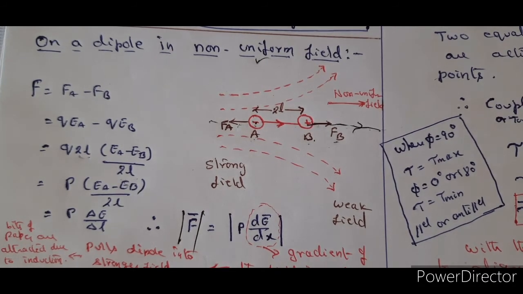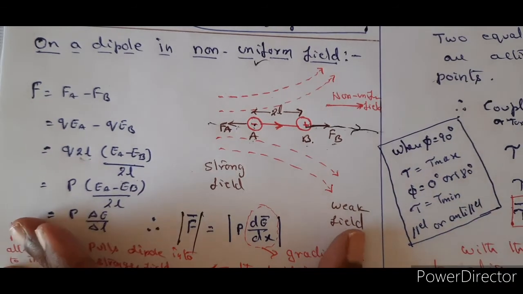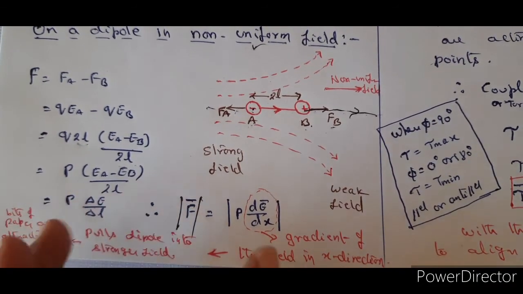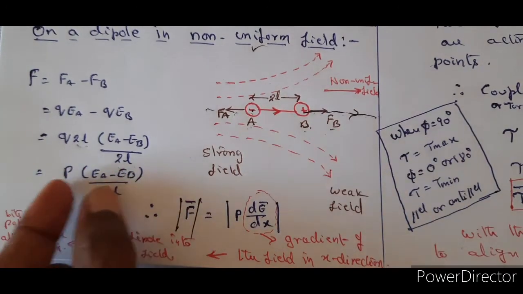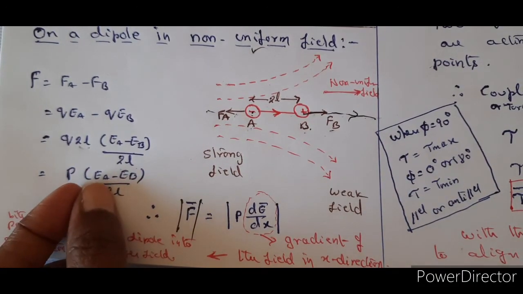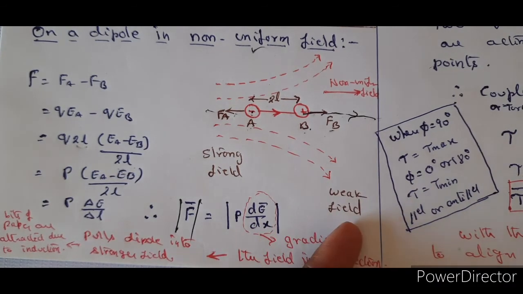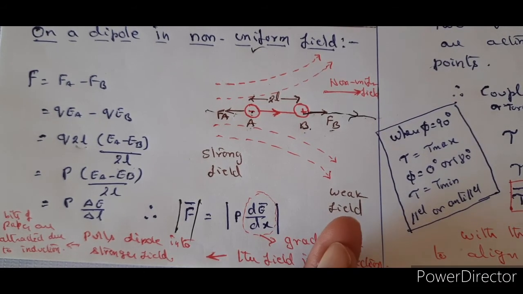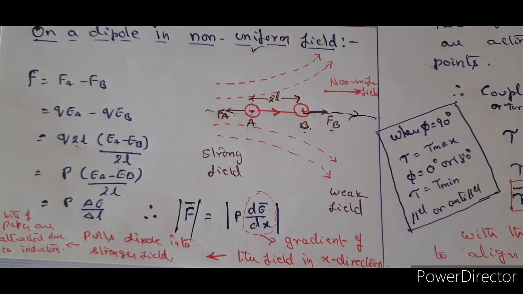Now this beautiful concept can be understood by interpreting it with electric induction. Suppose you are charging a body like a comb by rubbing it with some fur, and then you take the comb near bits of paper.